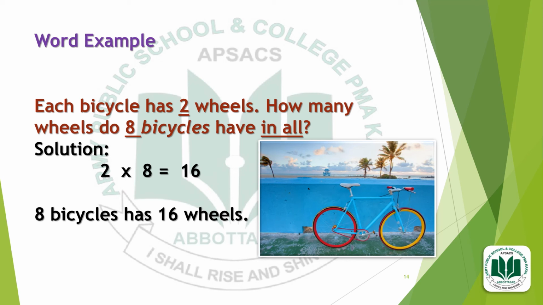By underlining the numbers and the clue word in all, we can understand that we have to multiply these two numbers. Then do the working. 2 multiplied by 8. Read the table of 2 up to 8. 2 8s are 16. Write the statement. 8 bicycles have 16 wheels. And the last step is recheck your working, means you have to read the table again. Is it correct or not correct?